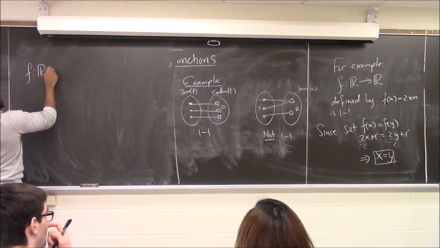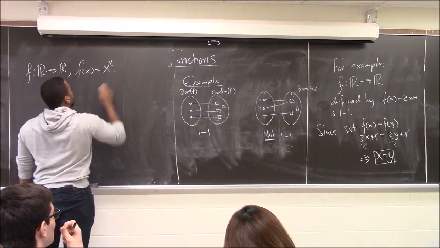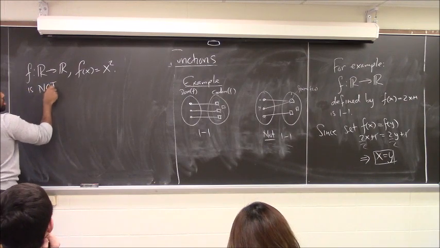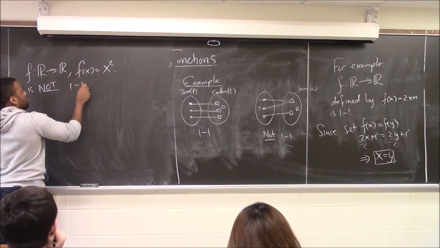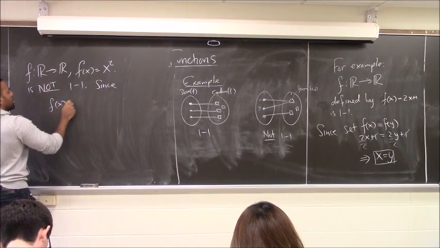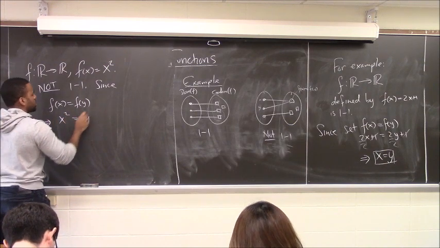If I think of f going from R to R, where f of x is x squared, it is not one-to-one. Since if I assume f of x equals f of y, this would mean that x squared equals y squared.